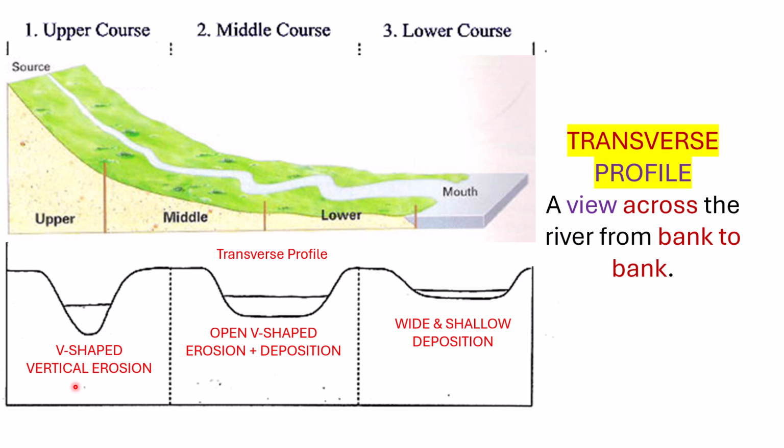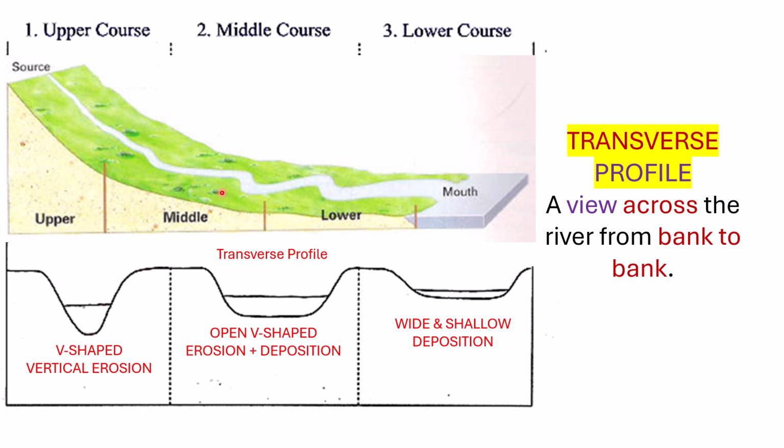When sketching the transverse profile in the upper course of the river, ensure that you make the river channel very deep, but do keep the area across the river from one bank to the other. Don't make it too wide. So this profile takes on a V shape.